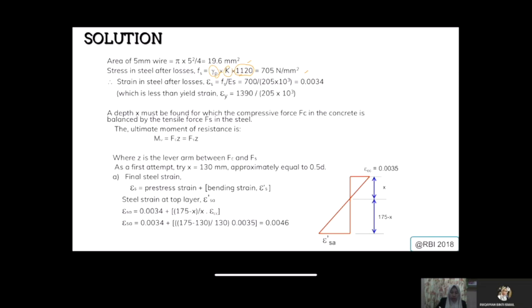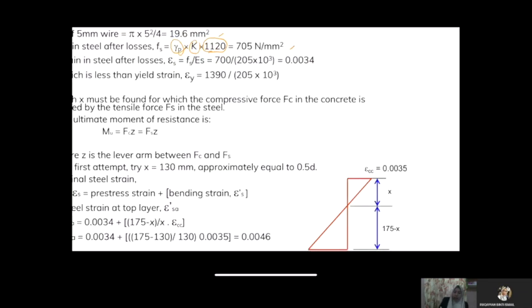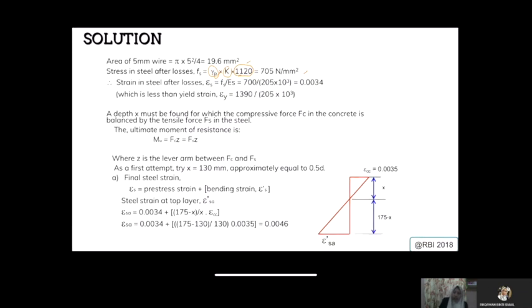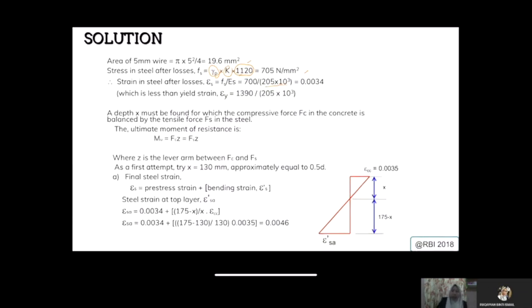And you have strain in steel after losses. So once you know what your Fs is, you know what your force is, you divide with the E for your tendon, you will get what will be your strain after losses, because you are considering your stress after losses, which is less than the yield strain.